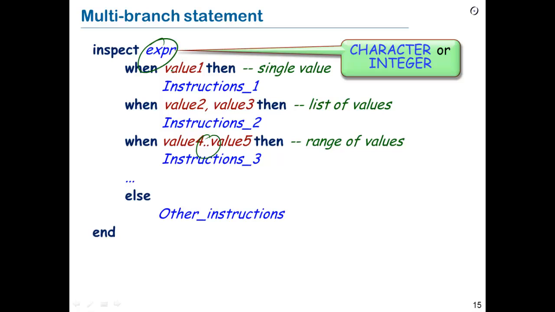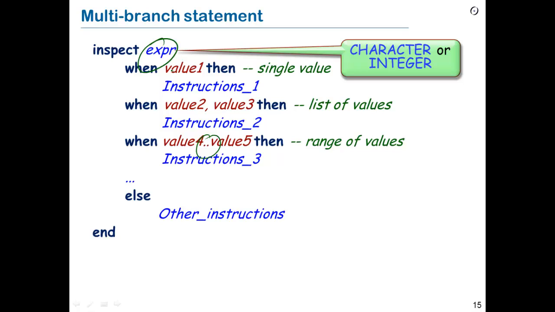In that case, the first one that we evaluate, meaning the first one that is listed in the instruction, will take precedence. With inspect, we can evaluate it the same way, but we don't have to because the order doesn't matter since it is guaranteed that all the values are different. And so this means that for compilers there are other ways to implement an inspect than just successively testing all the possible values.